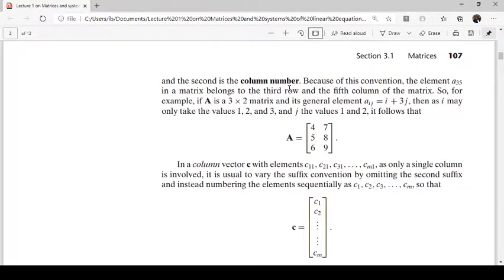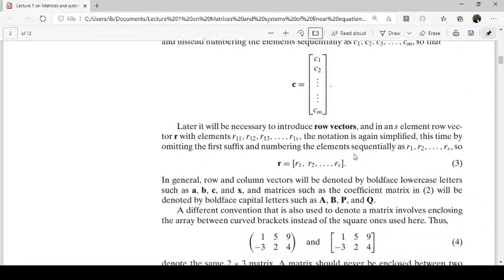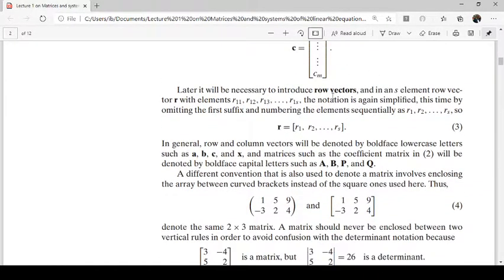An example is this matrix A. We call it a 3 by 2 matrix. How do you name a matrix? The number of rows multiplies the number of columns. The number of rows here is 3 and the columns is 2, so it's a 3 by 2 matrix. Here, this is a column matrix, or we call it a column vector. This is a row matrix, or we call it a row vector.